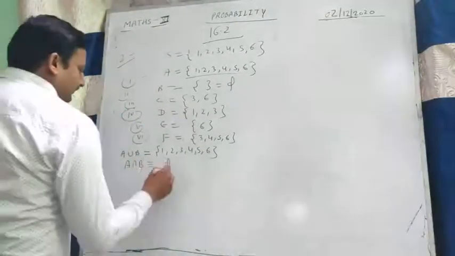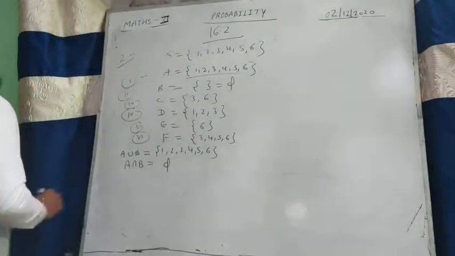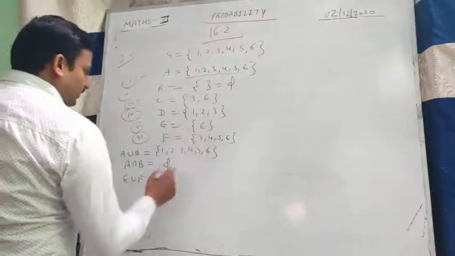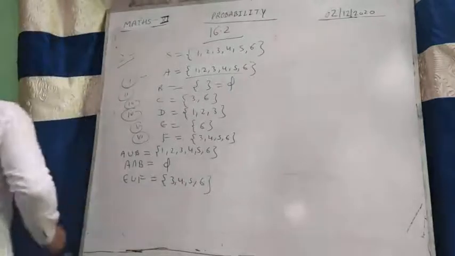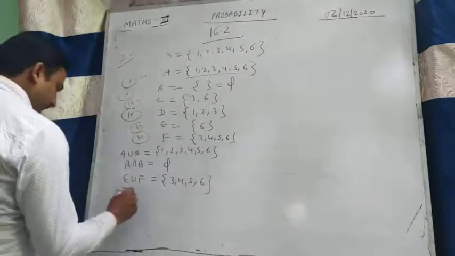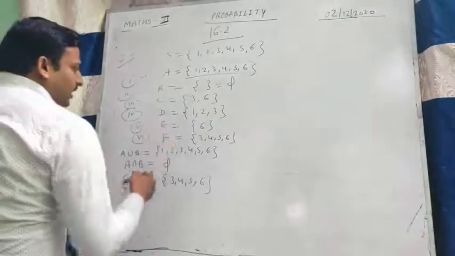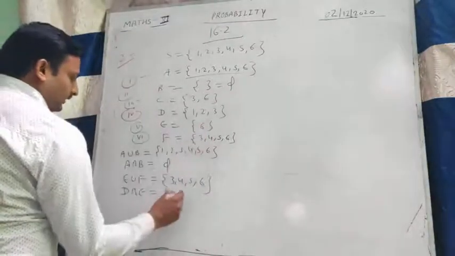There is nothing common. And third is E union F. So E union F will be 3, 4, 5, 6. And next D intersection E. What is common? Just 3 is common.